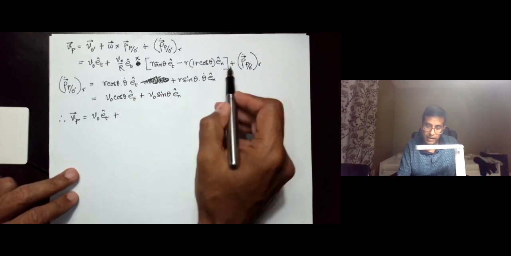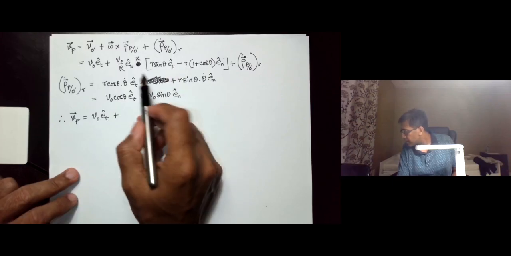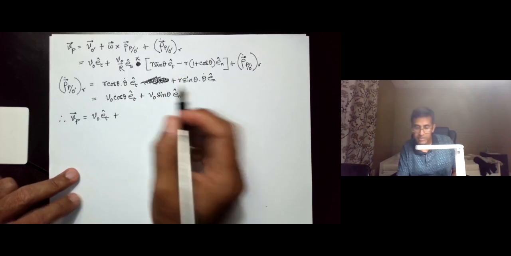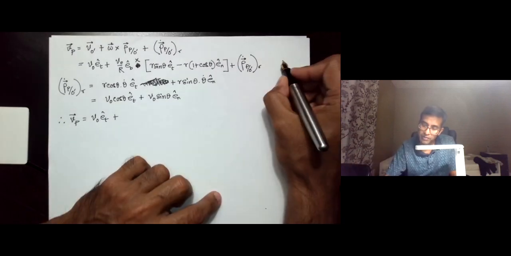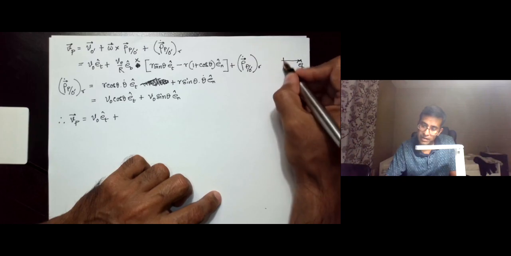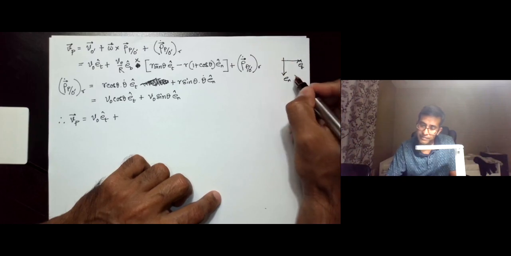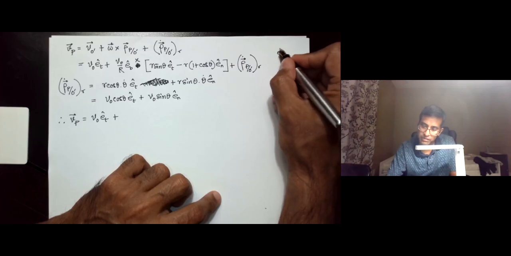Now I need to carry out this cross product. EB cross ET is, let me just see here. Our coordinate frame is ET is like this, EN is like that, and EB goes into the page.